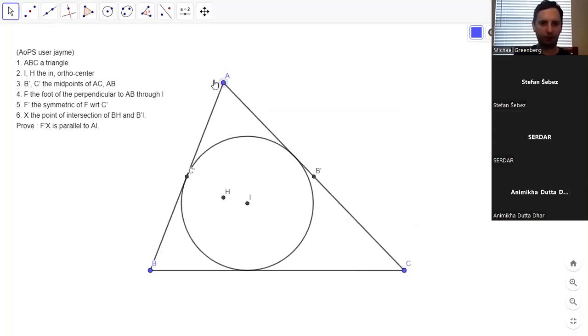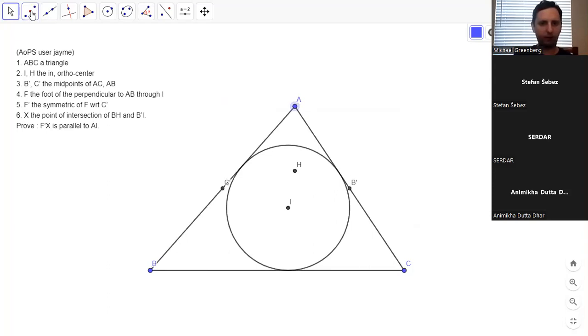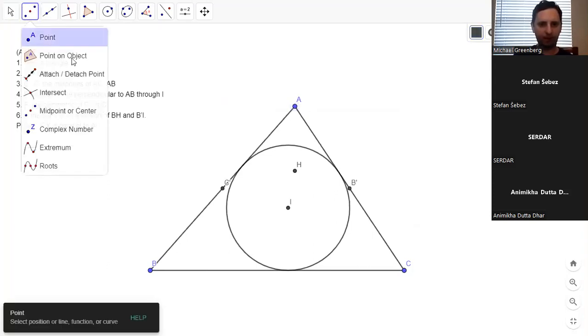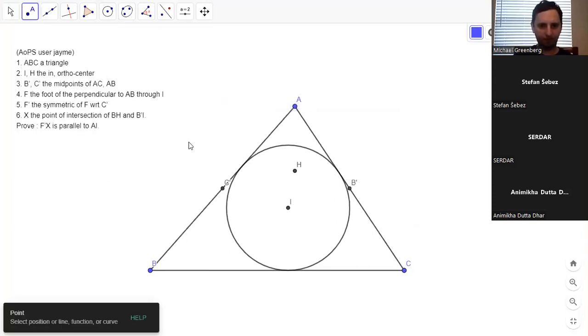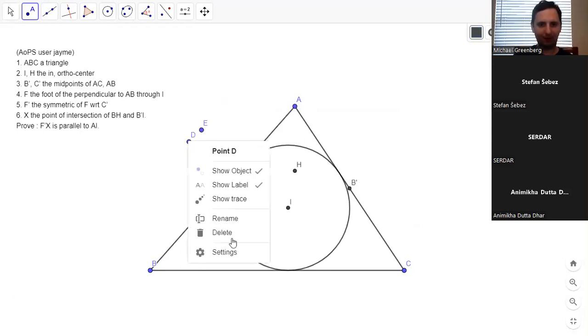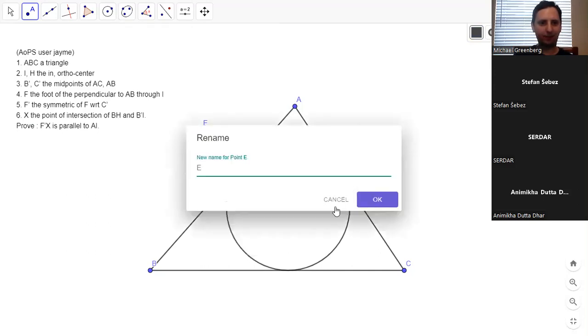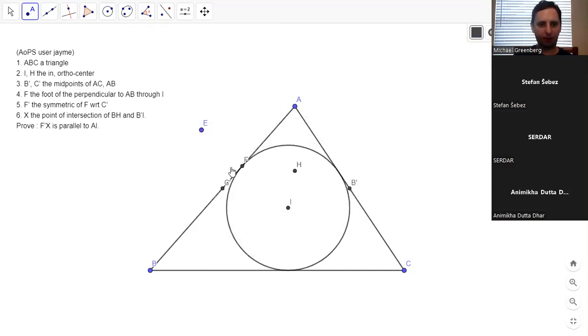So, okay, we want C. Okay, so this will be F. I'm just that lazy, I don't want to rename stuff. And F prime is the reflection of F over C prime.